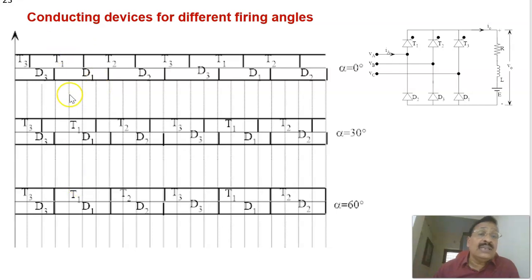At any instant you can see one from the positive group and one from the negative group. If the devices in the same leg are conducting, then output voltage equal to 0. So these are different firing angles: alpha equal to 0, 30, and 60, and the devices that are conducting.